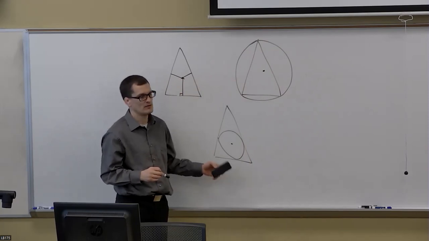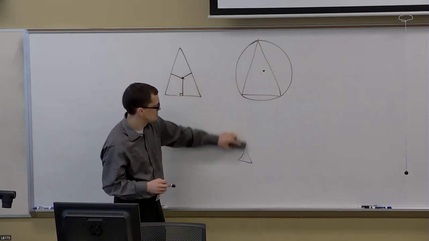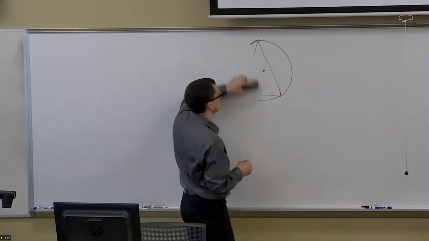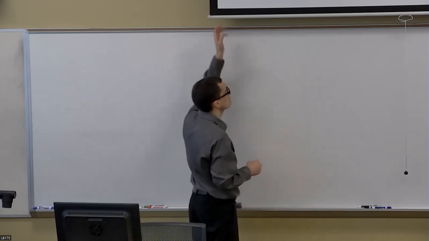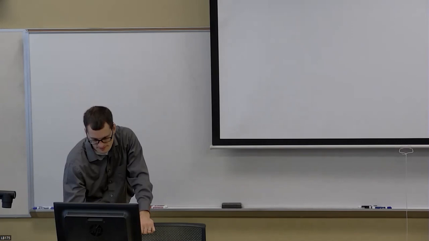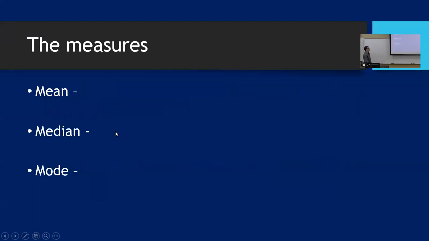Okay, I won't get into the details, but a lot of times those points are different. And so just like there's a number of different ways to find a center for a triangle, there are a number of different ways to find the center of a data set. Now, the more common ways are what we're going to look at here. The 3 most common ways of finding the center of a data set.